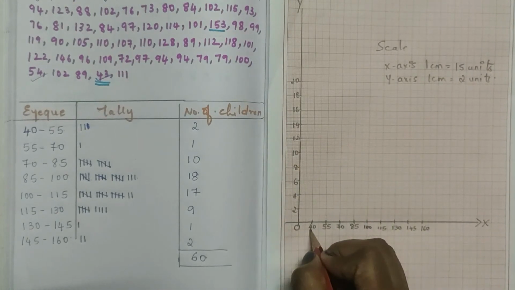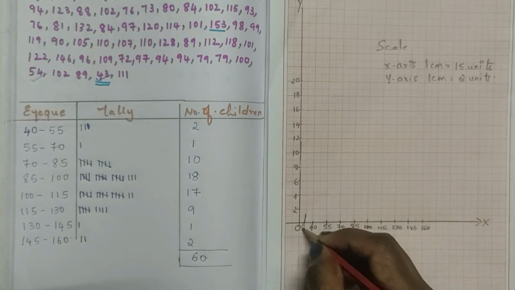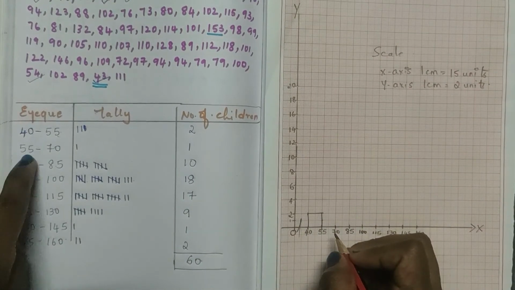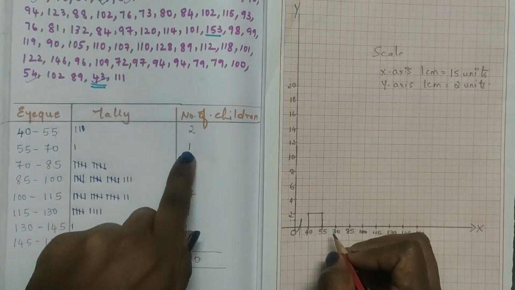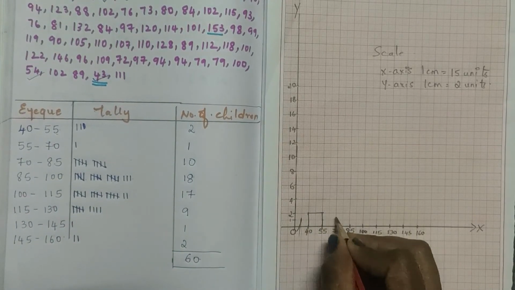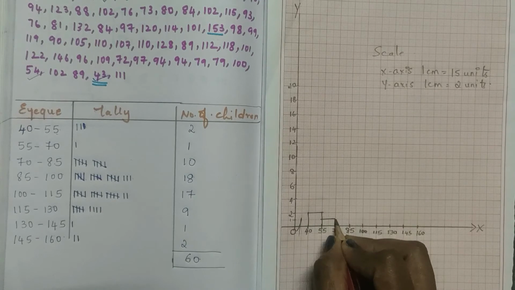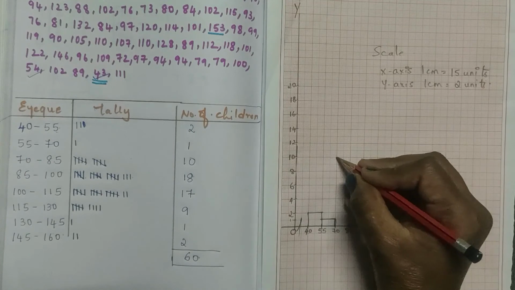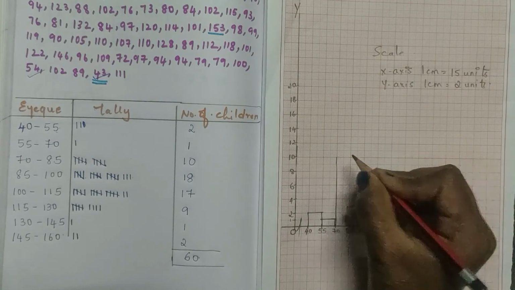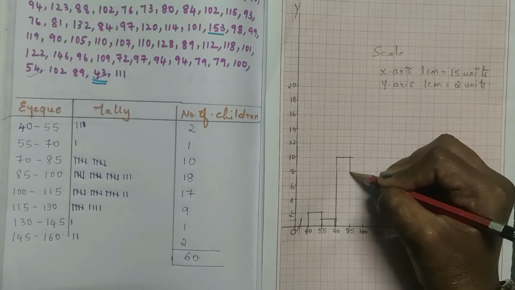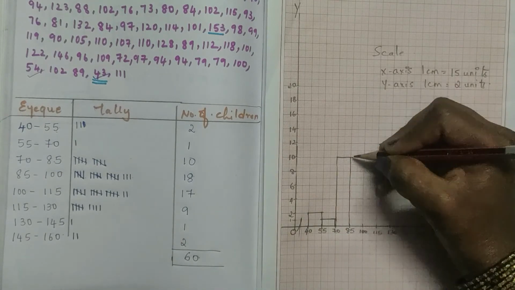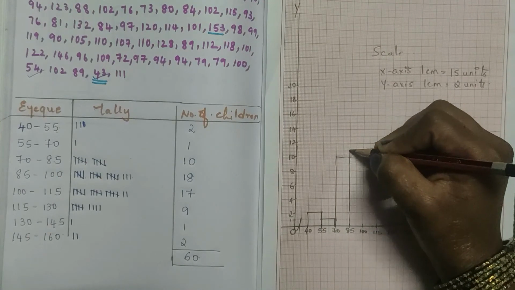Here if you see, I have taken 40. Now from 55 to 70 it's 1. From 70 to 85, 10. Plot like this. Now from 85 to 100, 18.